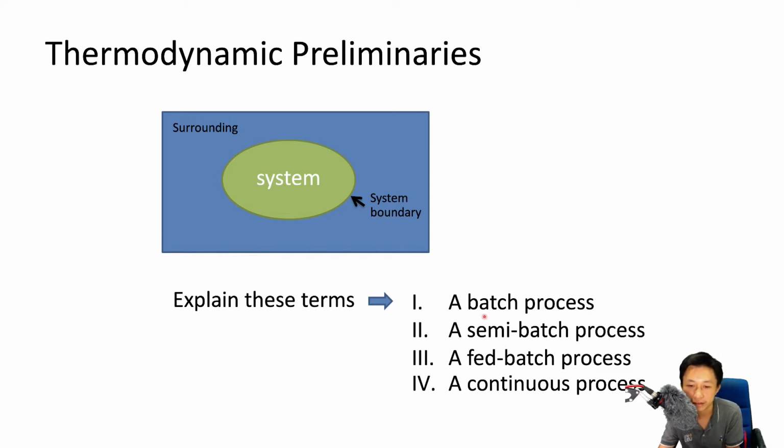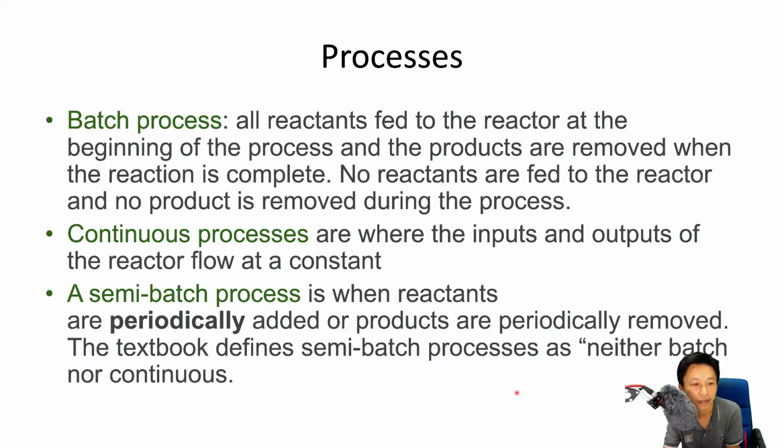So I begin with the first ones, batch and continuous process. Semi-batch means it's in between these two, batch and continuous. Sometimes you add or you remove your product in between.